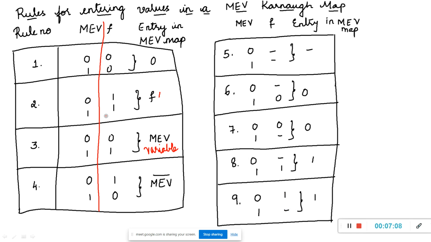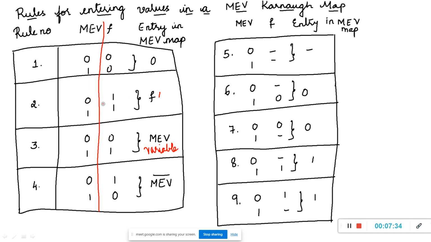Okay, so here you need to understand these rules. The MEV variable will be 0 or 1. If you check in the last column, it will be 0 1 0 1 only. If it is a 4 variable function A B C D, D will always be 0 1 0 1. So if the function value is 0 0, the entry will be 0.